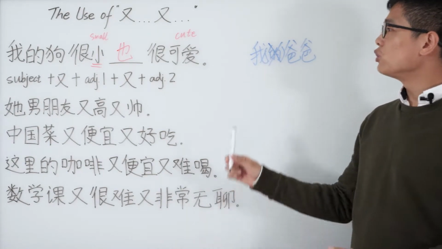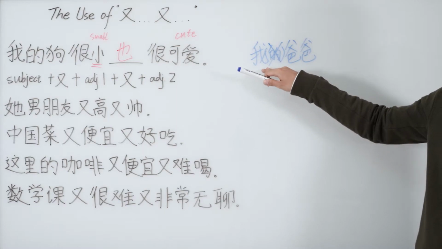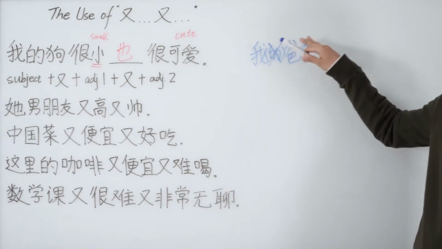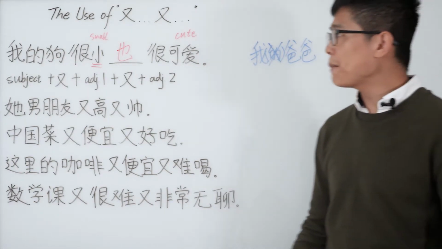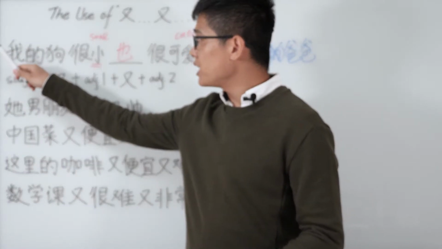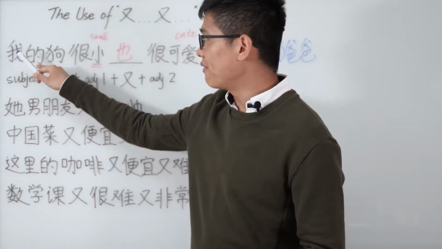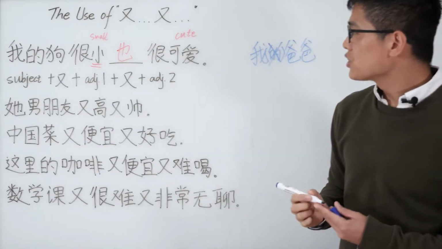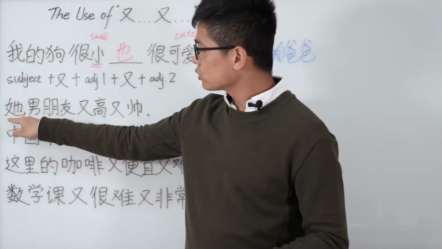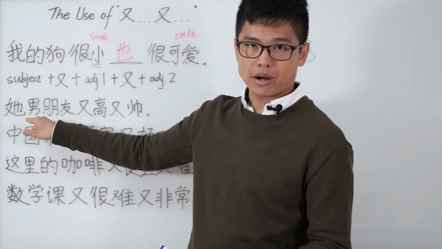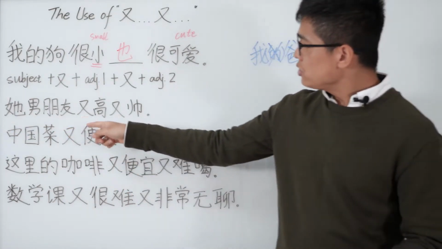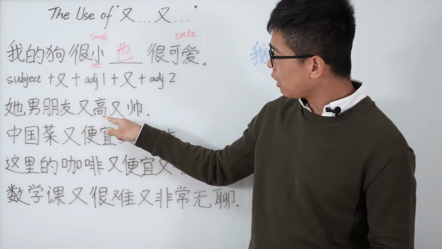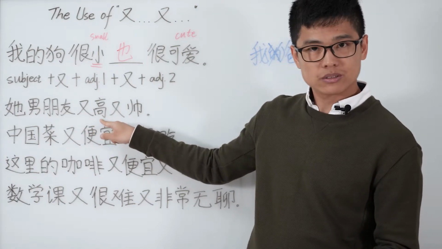Okay, so you just remember, it has to happen between a pronoun and another person noun. In this case, me and my dog, you cannot take this away. Okay, so 她男朋友 or you can say 她的男朋友 her boyfriend 又高 tall, right?